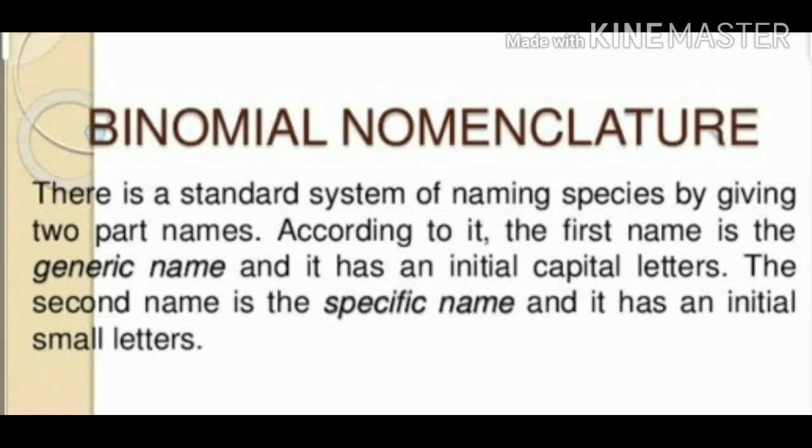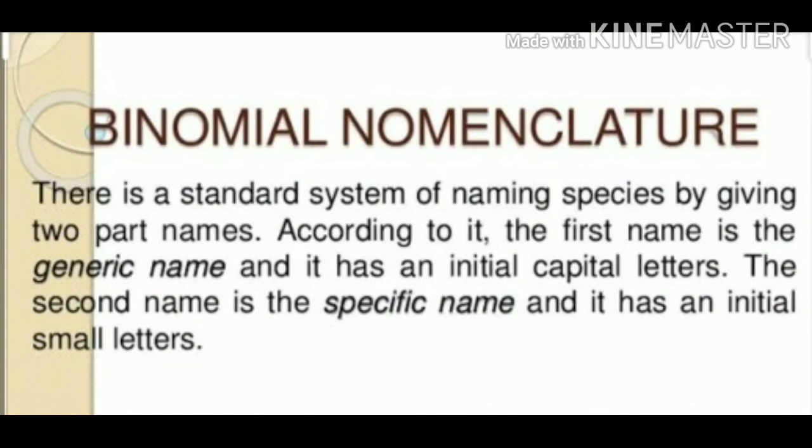So in this system, the scientific name consists of two names. The first name is known as the generic name or the genus name, and the second name is known as the specific name. Since it has two names, it is known as binomial nomenclature.